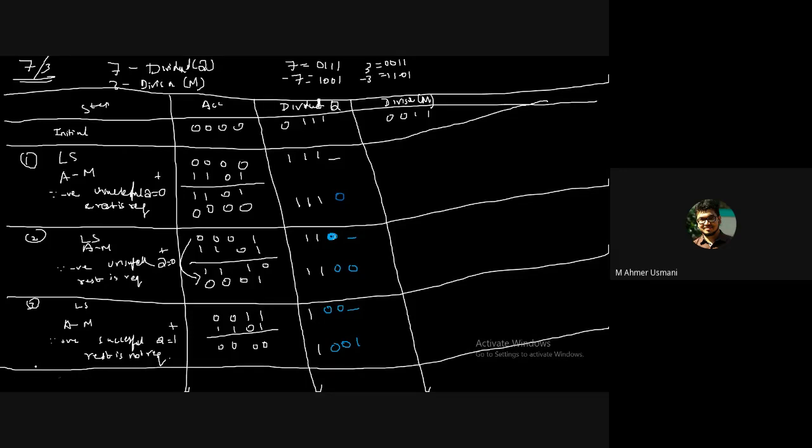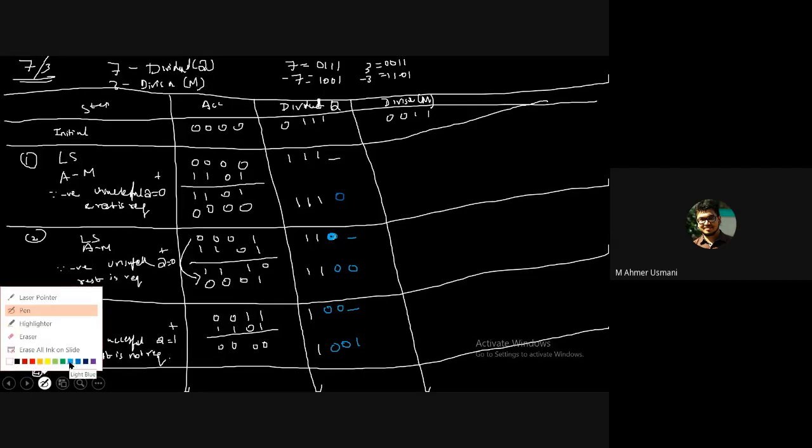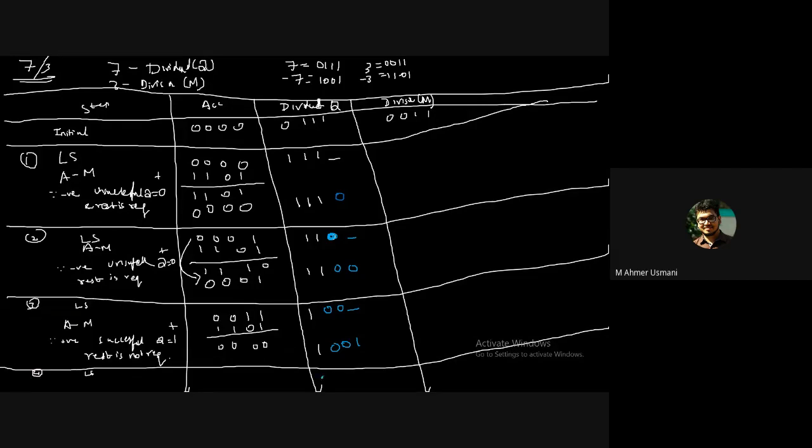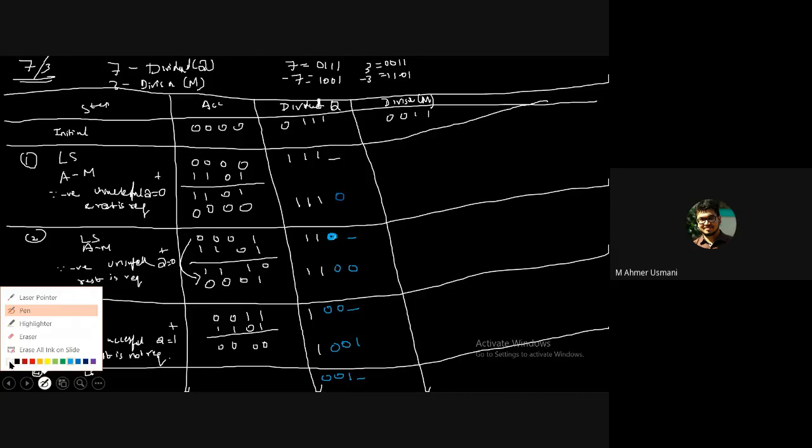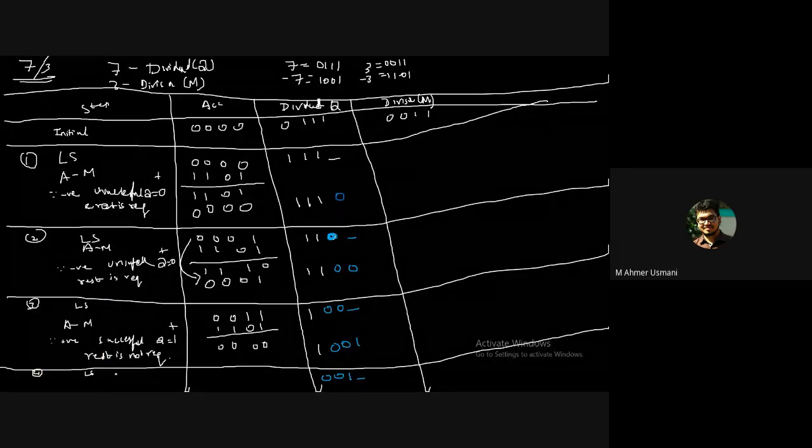Step number 4, I'll perform the left shift again. So these 3 bits that you have, 0 0 1, and 1 vacant place will be left behind. We again perform a plus a minus m, so we are going to add 1 1 0 1 to this number.